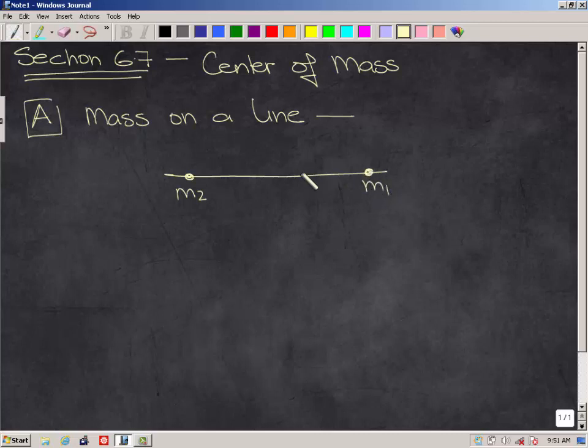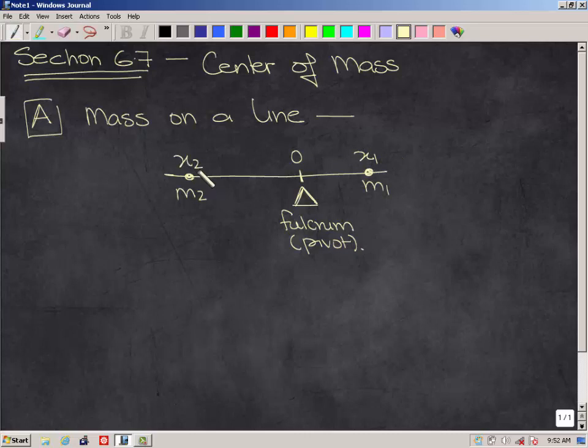And there is some point over here, 0, the origin. This is where we're going to place the fulcrum, or the pivot. This distance from 0 is x1, and this distance is x2 from the origin.